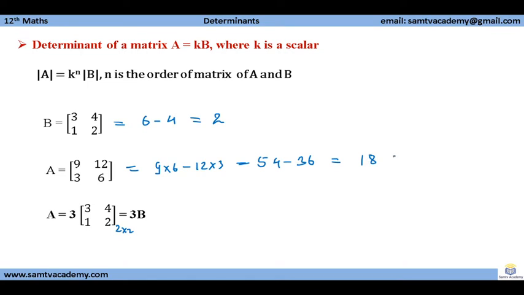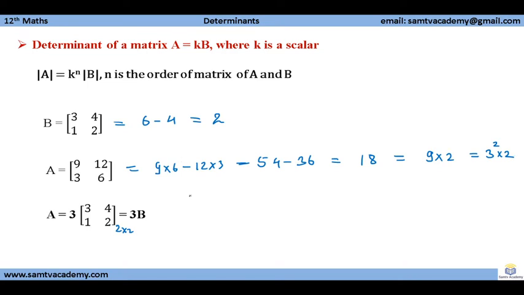So you can see, with respect to B, it will be 9 into 2, and we can write it as 3 square into 2, where 2 is the value of the determinant of B.